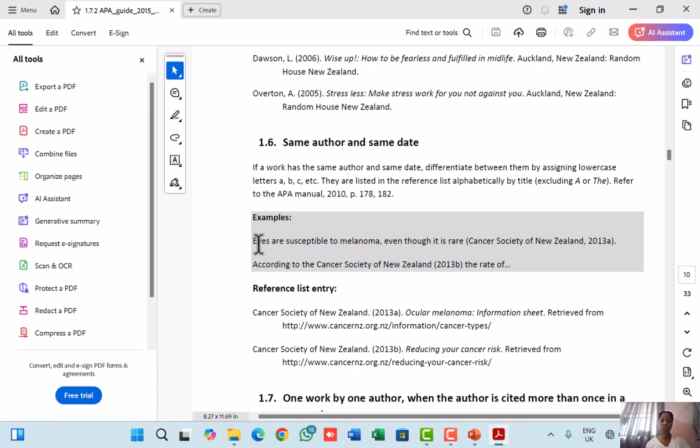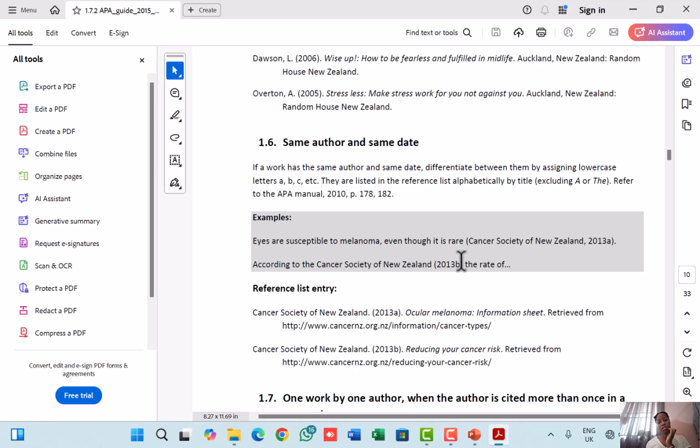So for examples here, we have: eyes are susceptible to melanoma even though it is rare (Cancer Society of New Zealand, 2013a). According to Cancer Society of New Zealand (2013b).